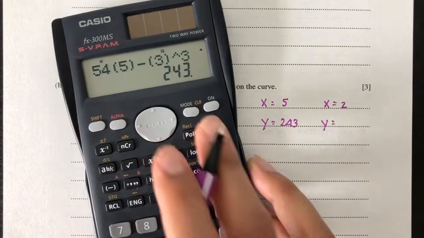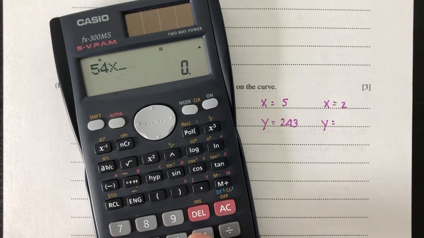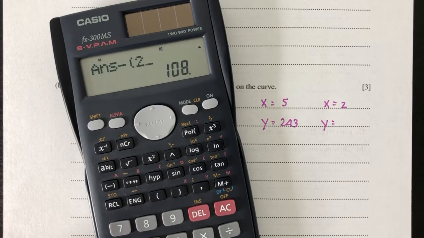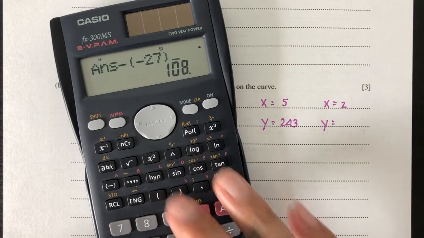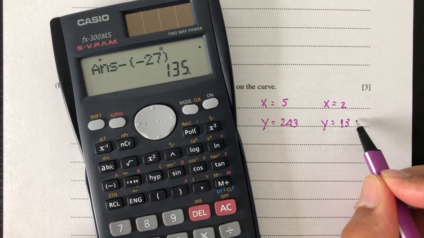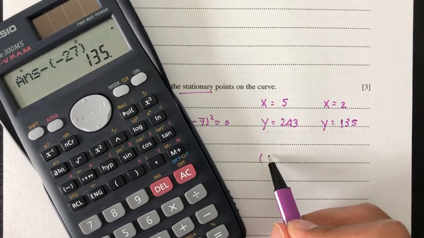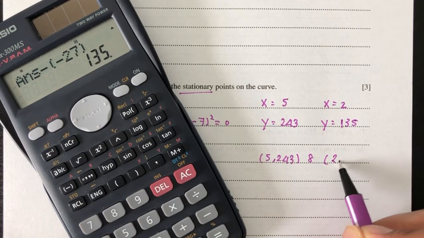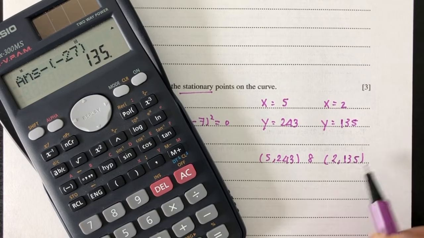Let's find out. That will become 54 times 2 minus (2 times 2 is 4, minus 7 is minus 3) power 3, which is minus 27. That will be 135. So your points will be (5, 243) and (2, 135) for your 2 stationary points.